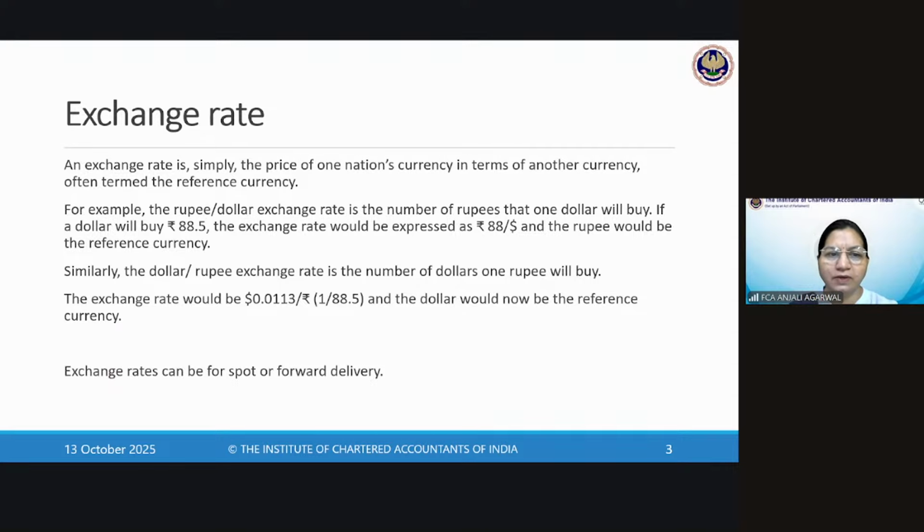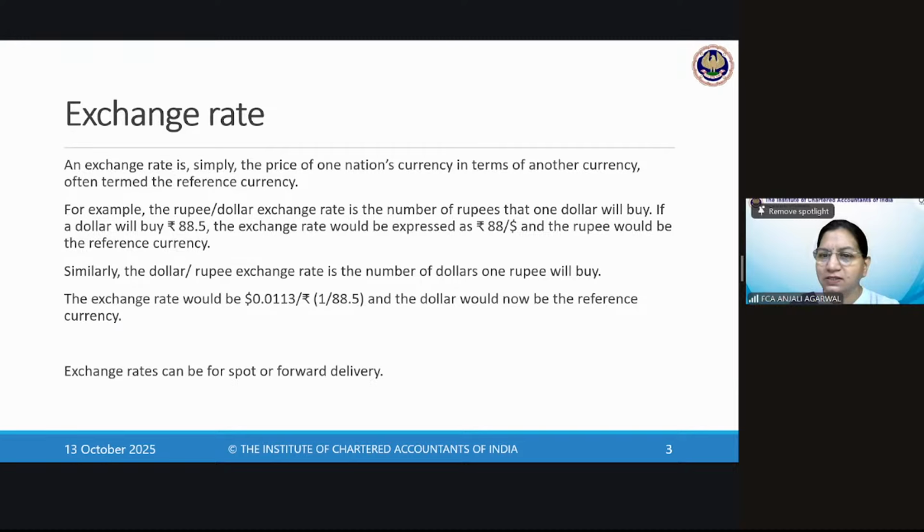Similarly, if you talk about the dollar rupee exchange rate, that would be 1 upon 88.5. And in that case, it comes out to be $0.0113. So if you are using 1 rupee, you will be getting 0.0113 approximately dollars. So dollar becomes the reference currency here.